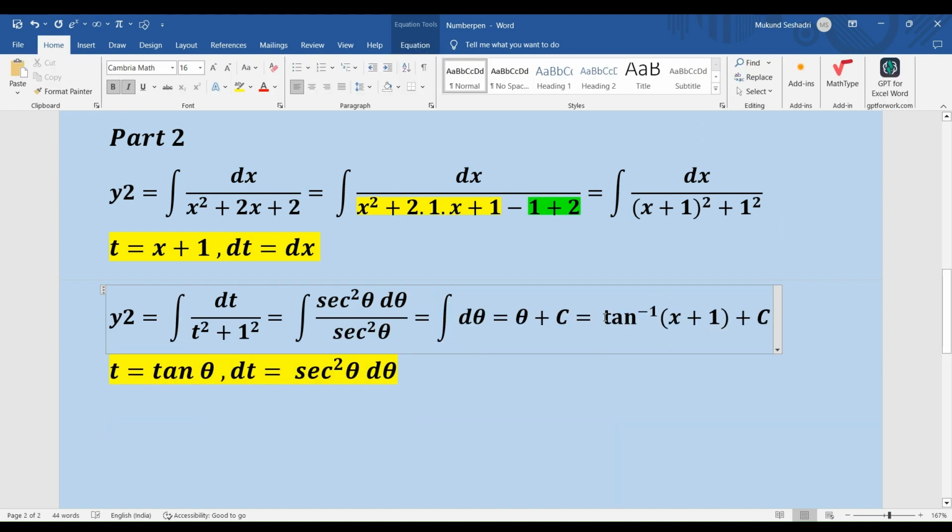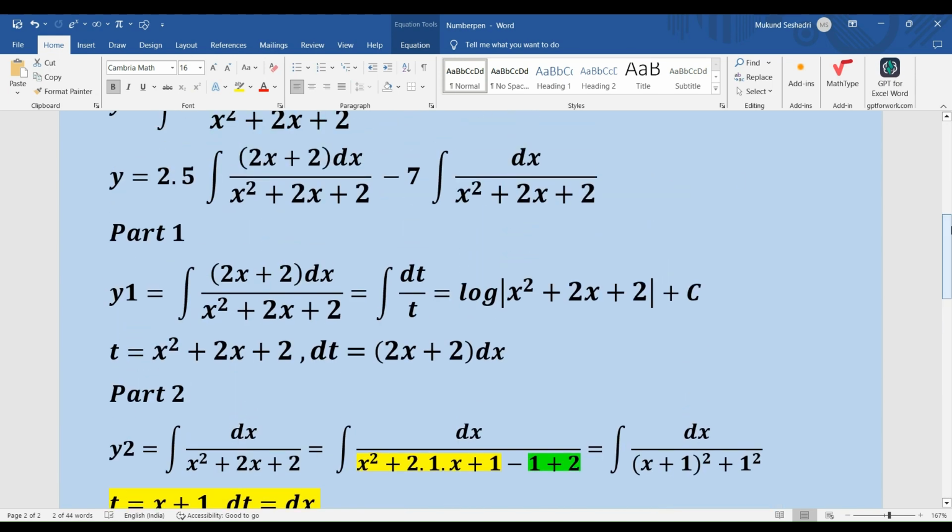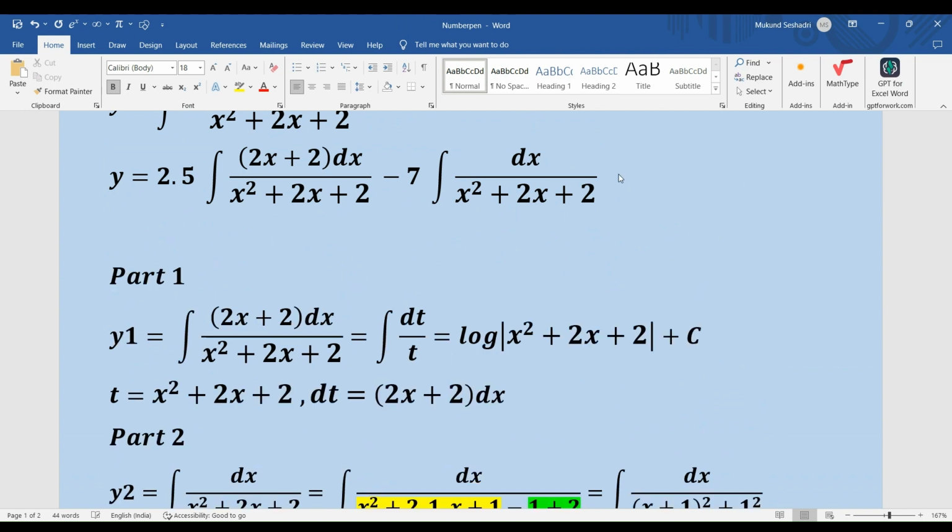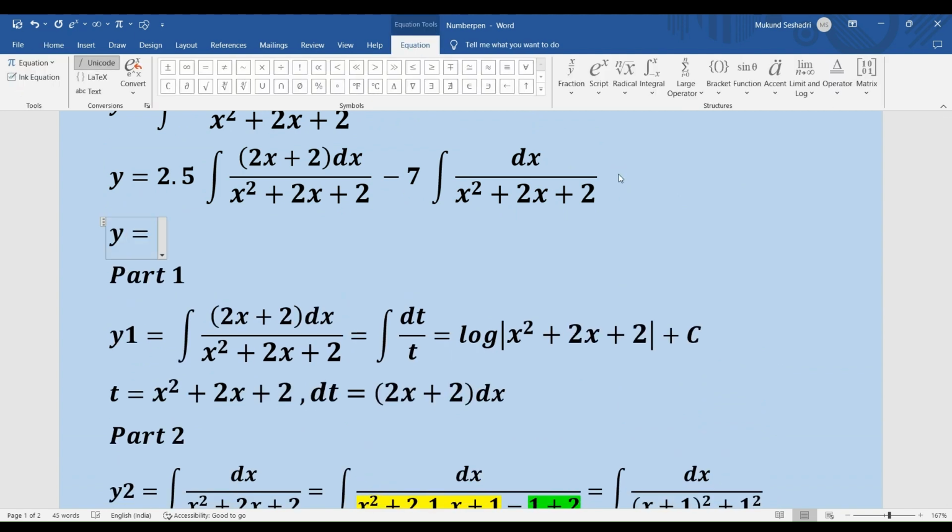So we have solved for y1, we have solved for y2, so we will go back to our y. Coming back to our y, remember you have your 2.5 and we solved already for y1. So I will have 2.5 times log of mod of x square plus 2x plus 2, right?